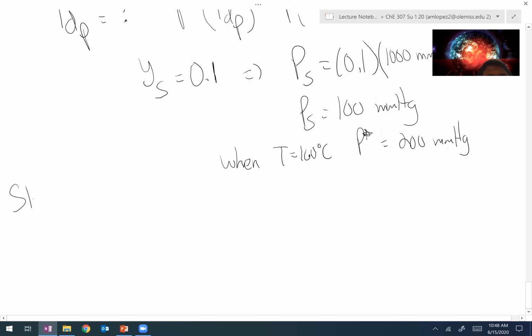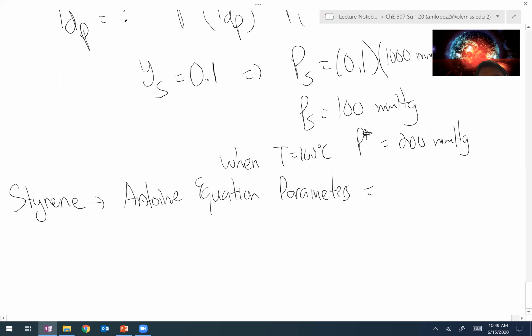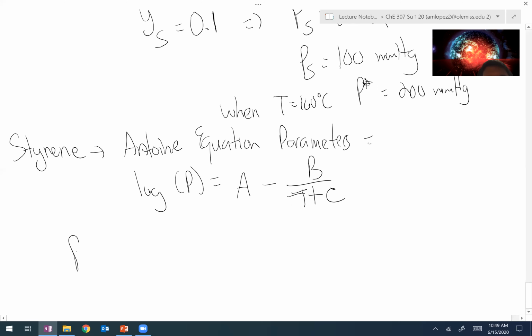For styrene, the Antoine equation parameters for log of P equals A minus B over T plus C, where P is in bar and T is in Kelvin.